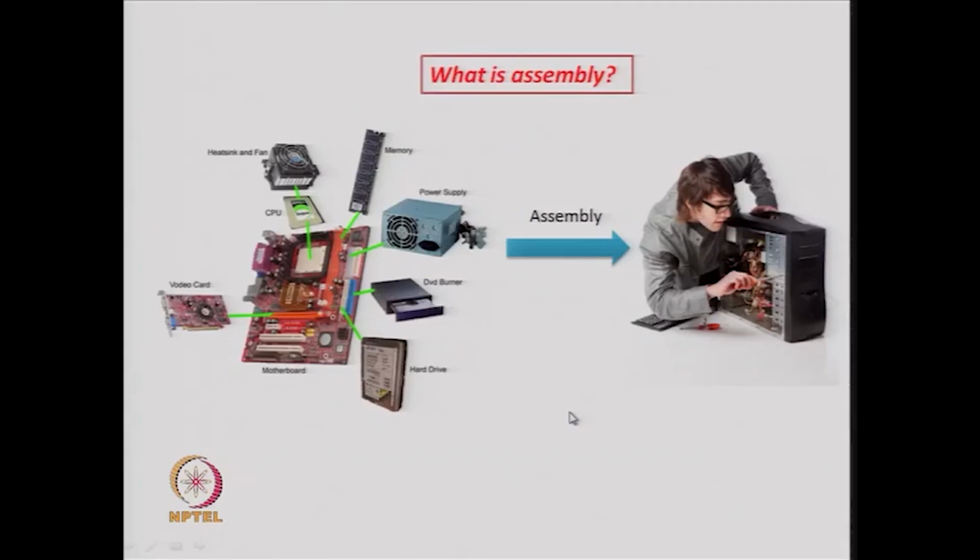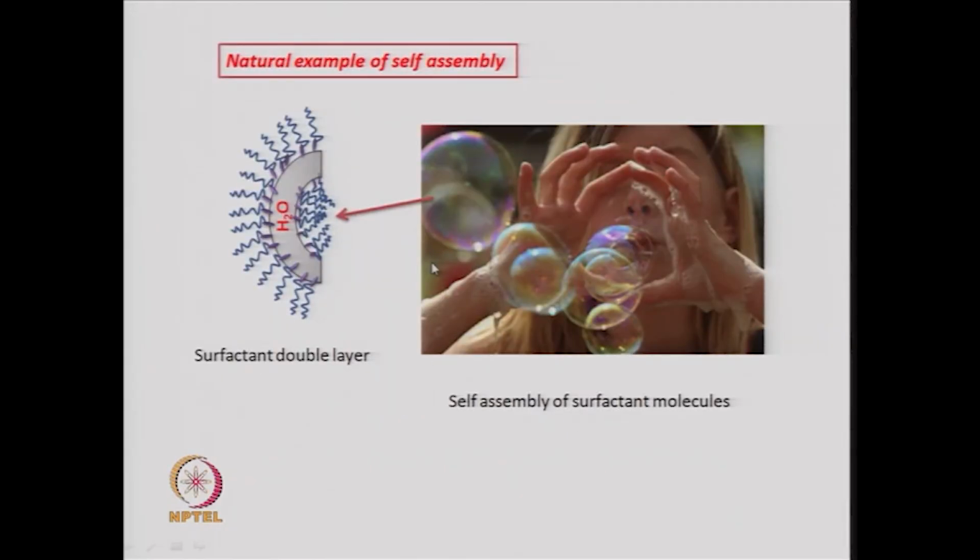Now, here is another example from nature where you can see self assembly. This is an example of a soap bubble. As all of you know, a soap solution is made up of molecules of soap which are like the surfactant molecules, and they have long chain hydrocarbons with polar head groups.